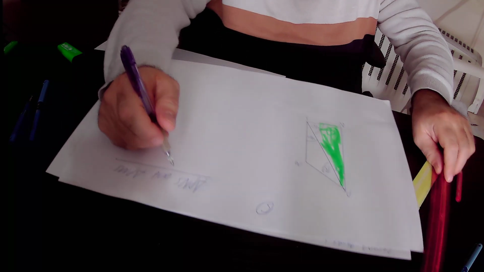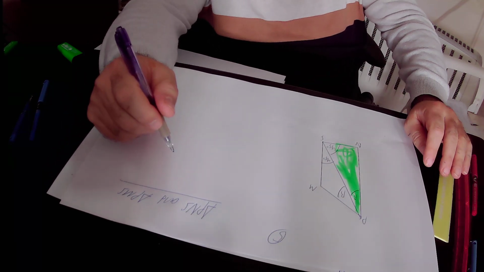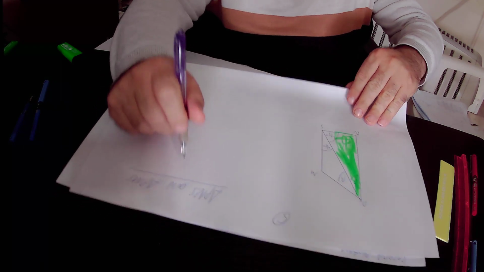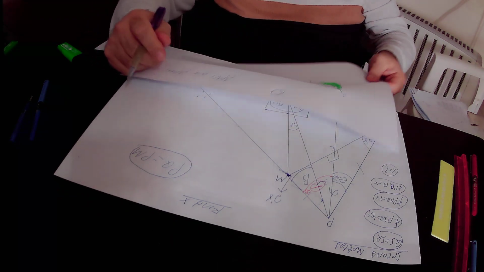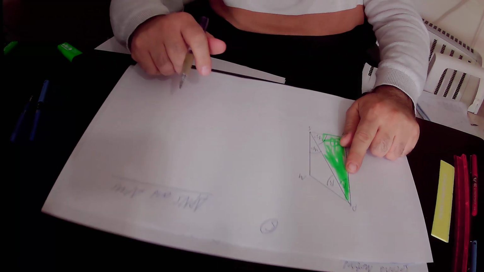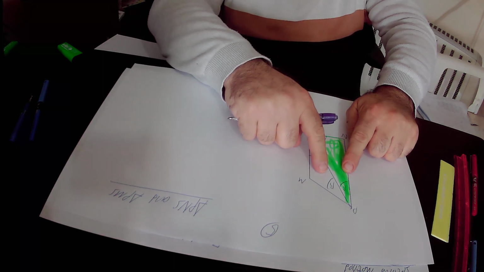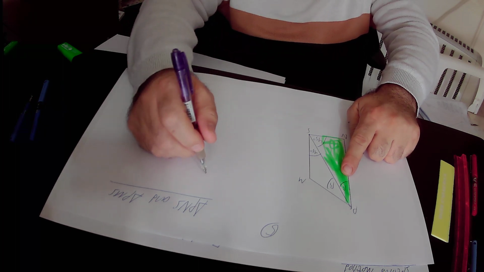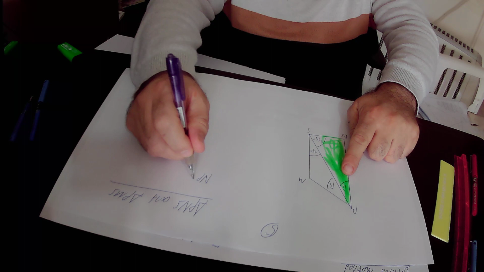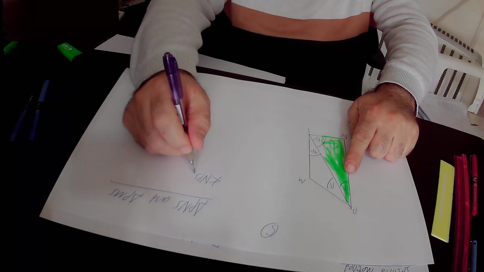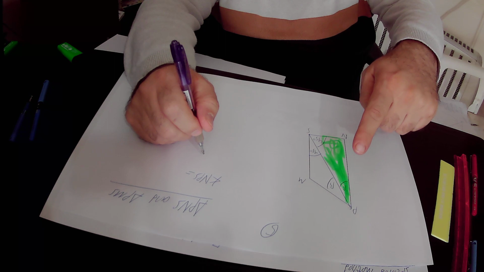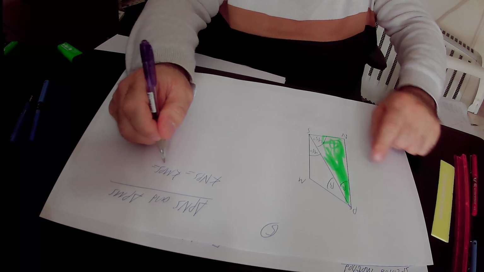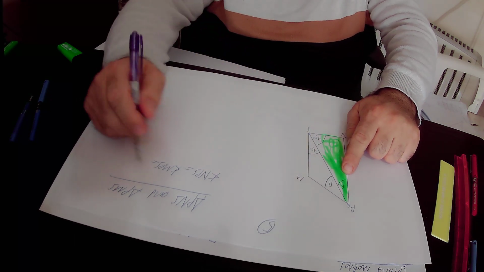First of all, we have already found out that PN equals PM. Here we have actually two angles that are equal to each other, angle NPS, this angle in the green triangle, is equal to this angle MPS, and both angles are equal to beta.